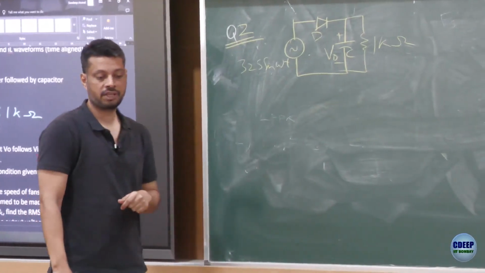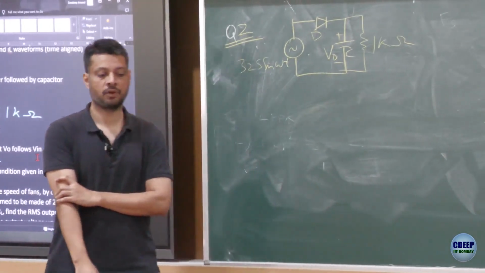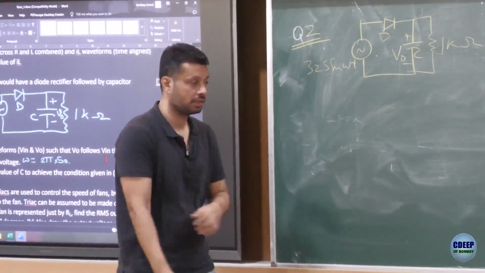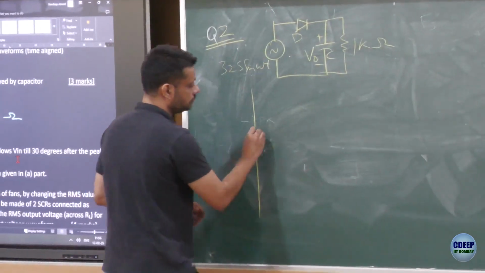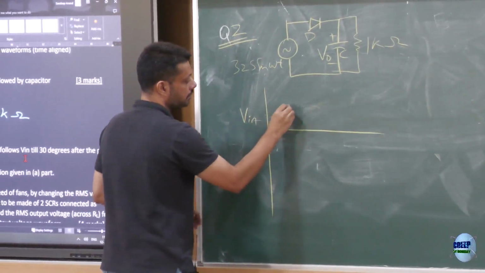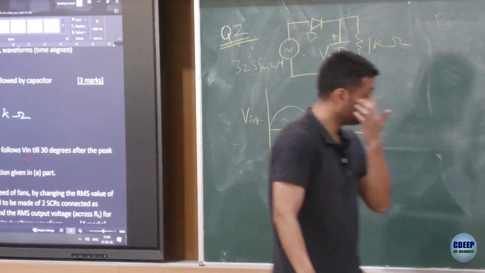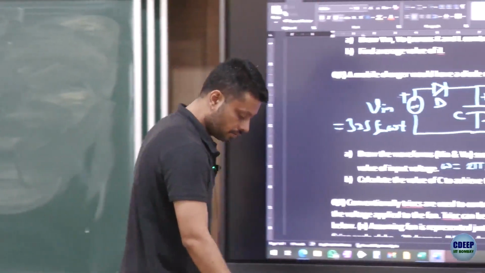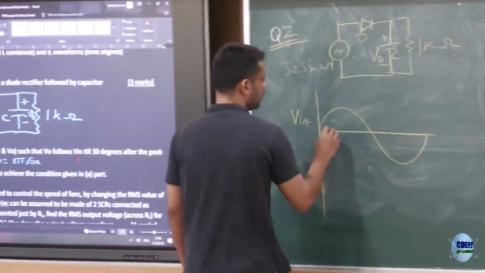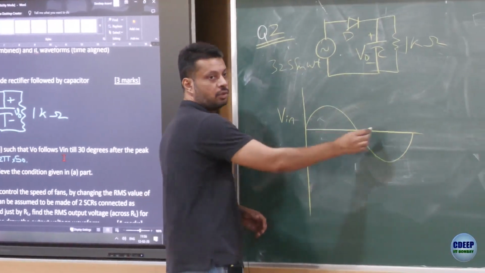Draw the input voltage waveform and output voltage waveform such that the output voltage follows the input voltage till 30 degrees after the peak value of the input voltage, right? This is your input voltage waveform. If you had only resistance, your output voltage waveform would have been this first half and then 0.